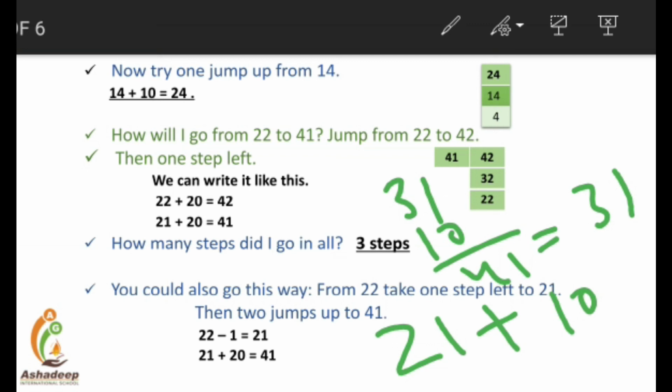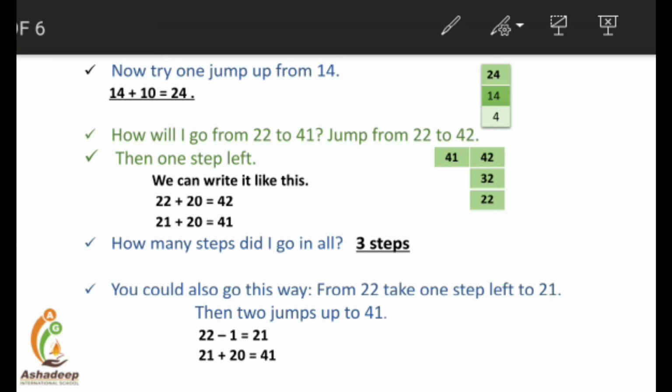I hope all of you are clear about these 3 types of shortcut questions, right? See, again to revise: first, 14 plus 10 is equal to 24. Second, how will I go from 22 to 41: jump from 22 to 42, then one step left.